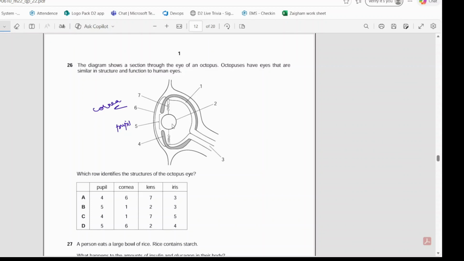Lens. Okay, it's written over here. I was finding where is the labeling. Lens. Okay. And then iris is 4. So which option is correct? It's D. Yes.